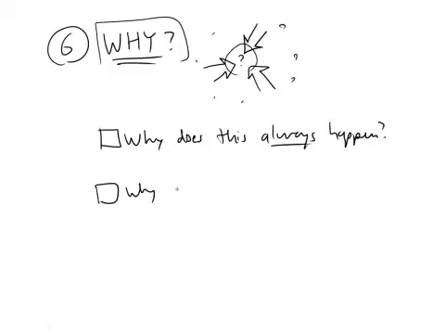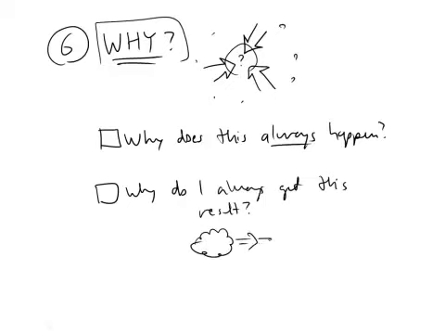Why do I always get this result? Why, when I have this and I do this, do I always end up with that? Those are the big questions of why.